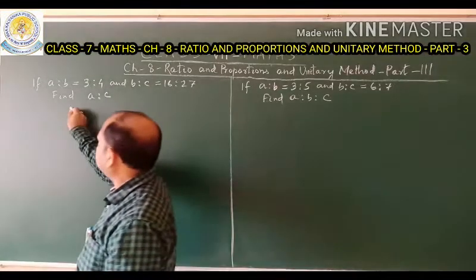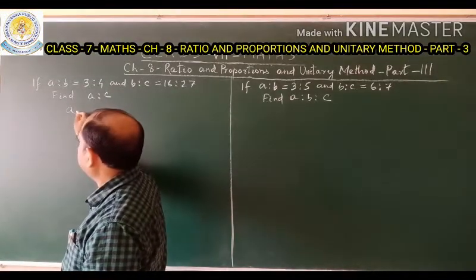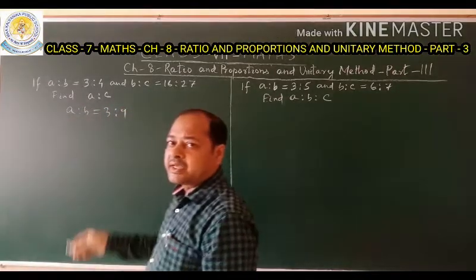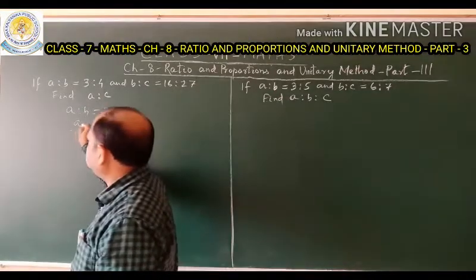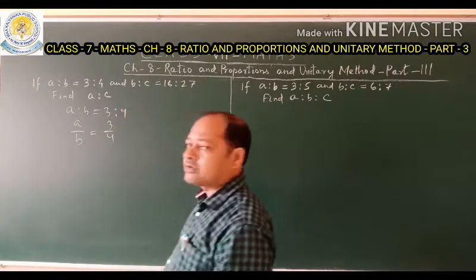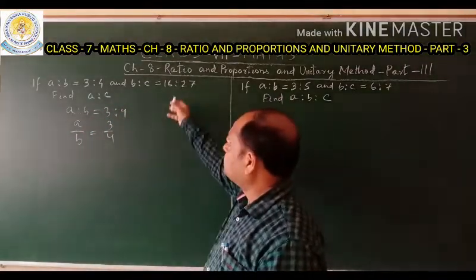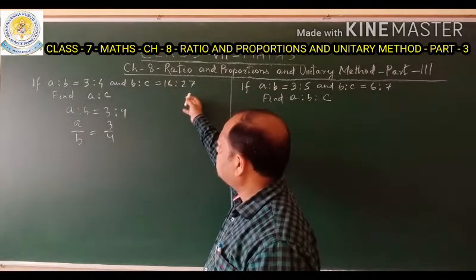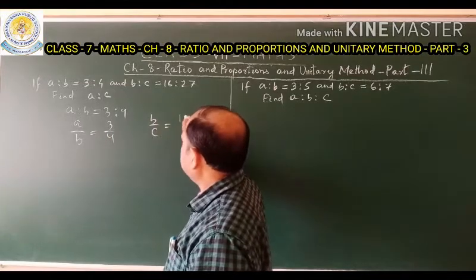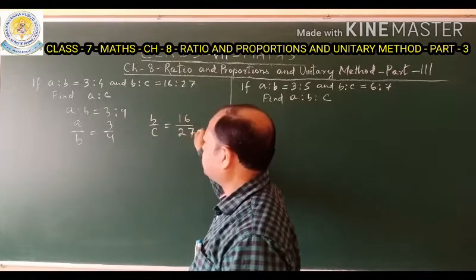So first write the ratio. Here A is to B is the first ratio. We can write A is to B as A by B. So A by B equals 3 by 4, and also B by C equals 16 by 27.